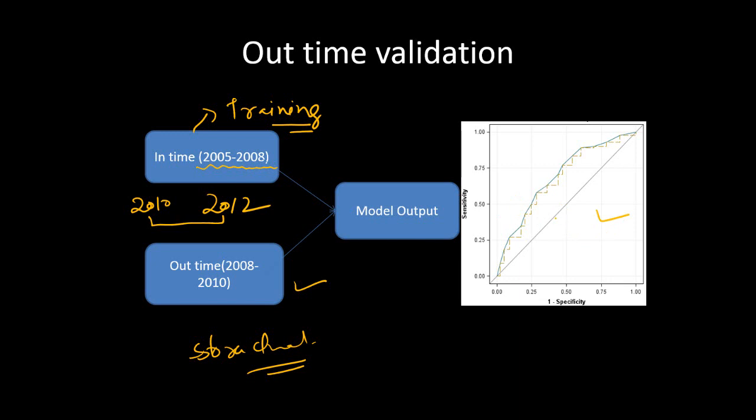Otherwise, some tweaking has to be done in the model to ensure that for any likely changes in the future, the model is ready, or the model is efficient enough to capture that change in future, right? So that has to be ensured, or it has to be taken care of in the model.